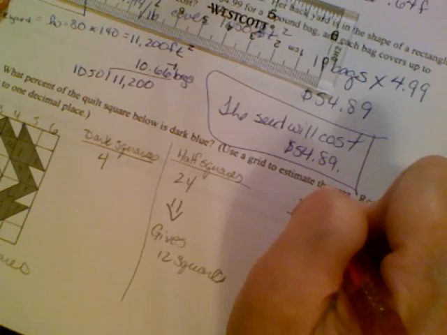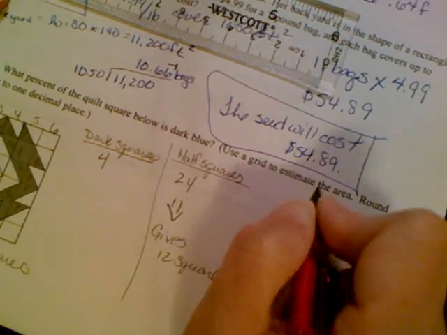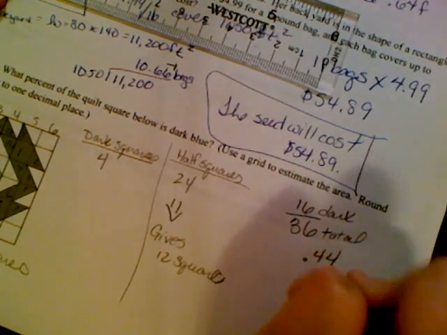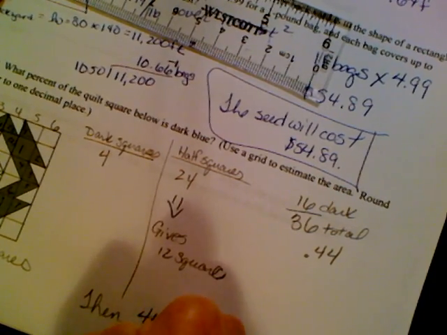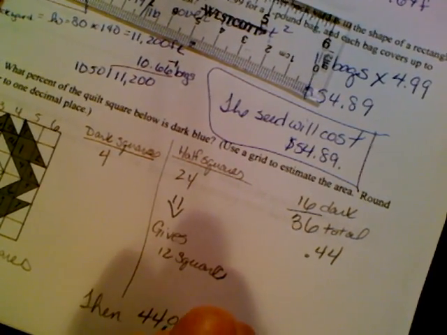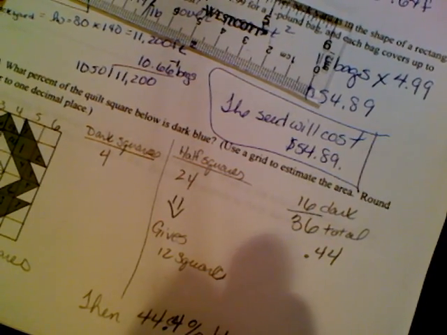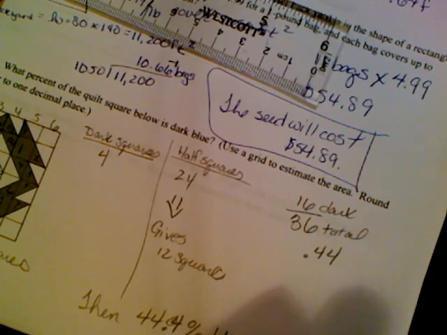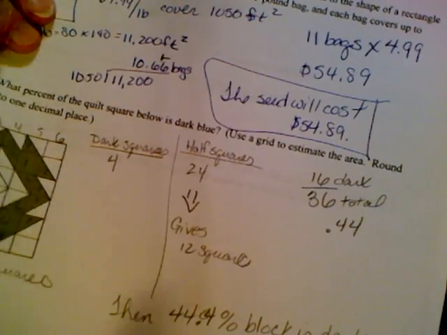So 16 are dark over total. 16 over 36 is 0.444. So 44.4% of the block is dark blue. Actually blue if you look at it in color. All right.